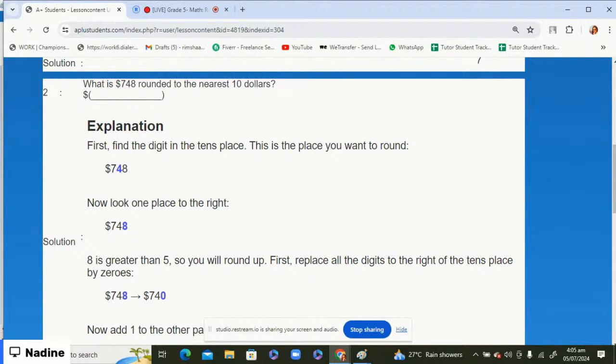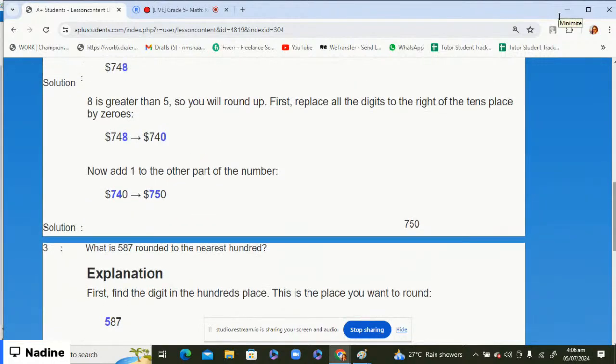If it is less than 5, you round down. So firstly, replace all the digits to the right of the tens place by zeros. So 748 is rounded to 750.